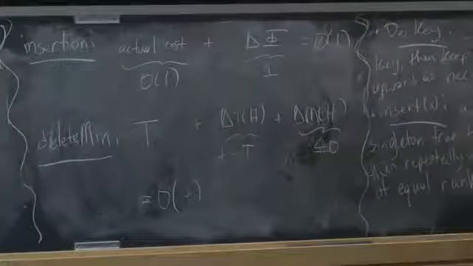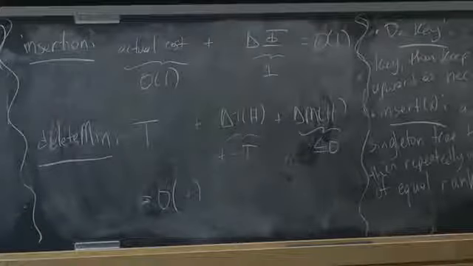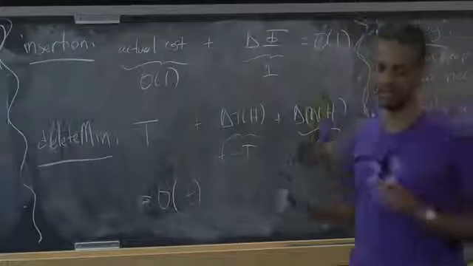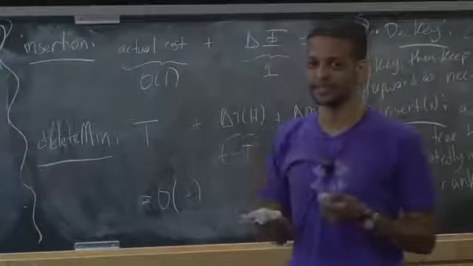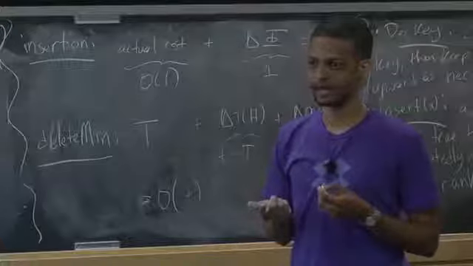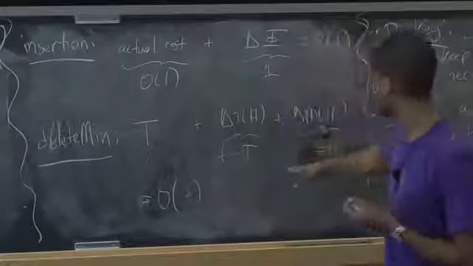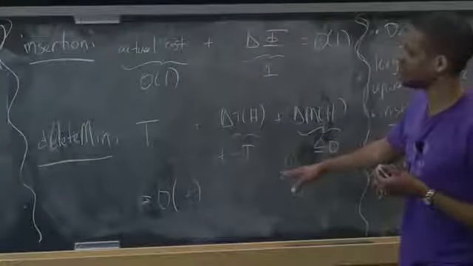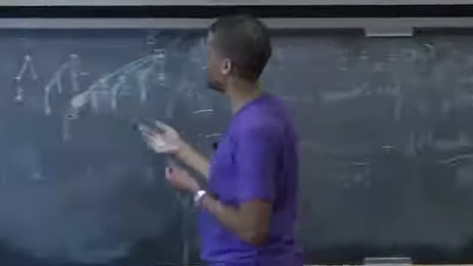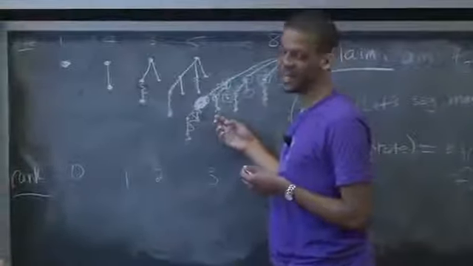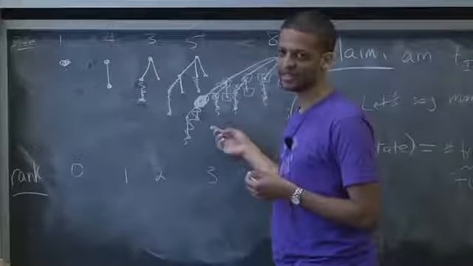But remember, when we actually do the consolidation during a delete min, we will enforce the previous binomial heap constraint that at most one tree of a given rank exists. So we know that we have at most one tree of each given rank, and we didn't prove it yet, but we're going to prove that sizes grow like the Fibonacci numbers.